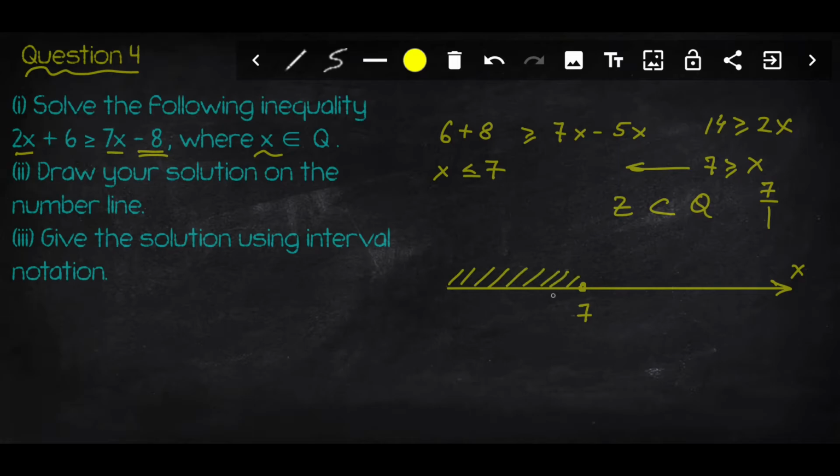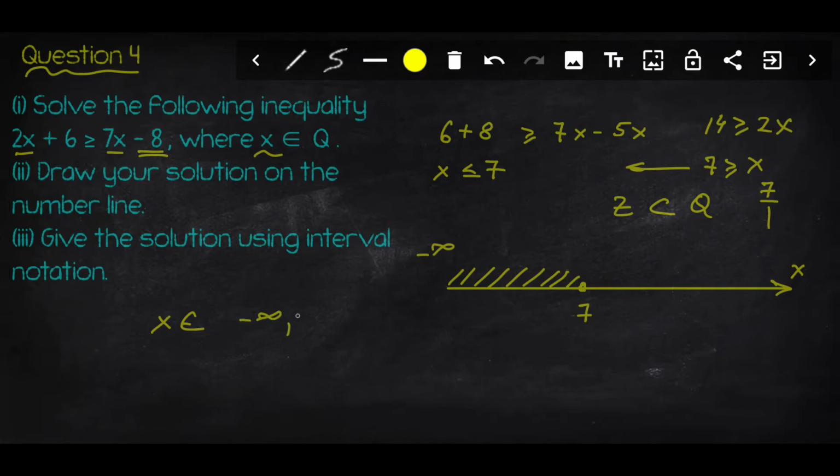And in part 3 of question 4, you need to give the solution using interval notation. Interval notation means that x is from a set, right? Your set is from minus infinity to 7, so you're starting from the smallest possible number, minus infinity, up to 7. Now you think about which type of brackets to use.